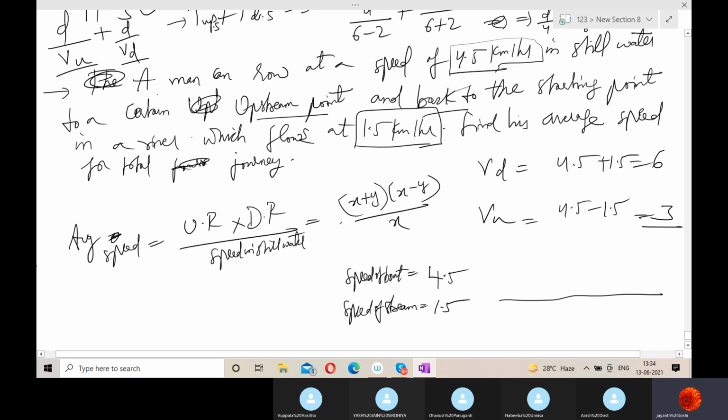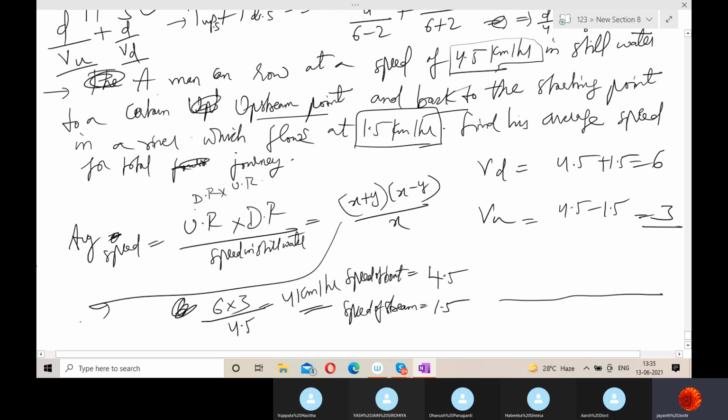Anything is all right. 6 into 3 divided by the still water speed, 4.5. So you will get 4 kilometers per hour.